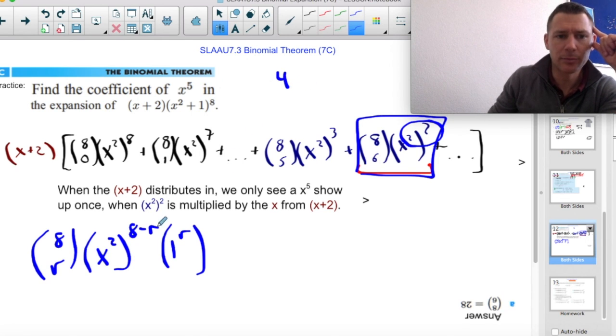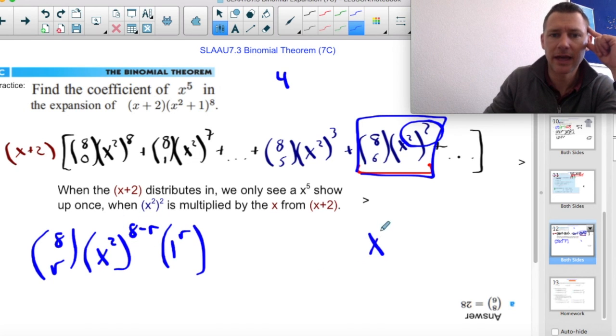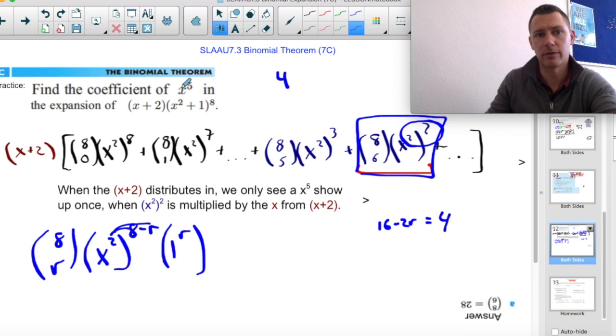This is the only place where the x values show up, so I need x to the 16 minus 2r. I need this exponent to be 4, so I want 16 minus 2r to be 4. Once it's 4, I can drop the x in, and I'll get one term that has x to the fifth on it.